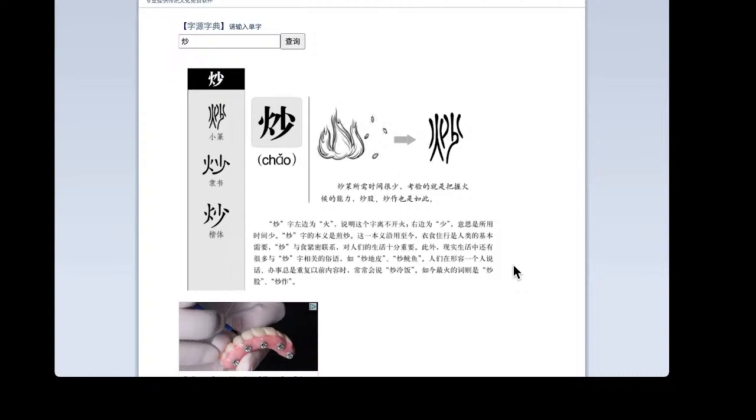They usually use a lot of oil, and they heat the oil really hot, and then put the food in it, and they really quickly stir fry it, and then the food is ready. So that's why they use the word 少, which means that this way of cooking does not need a long time. Okay, so this is 炒.